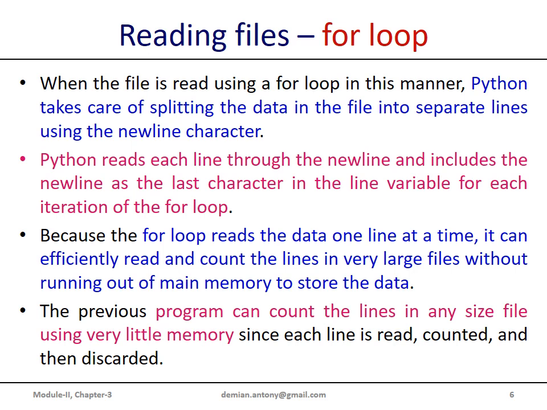When to use this method? Method 1, using a for loop to read file contents line by line. For example, we have a main memory which is of only 1 MB. That 1 MB is shared and used for the operating system and other processes, as well as our program. That means for the file handle buffer, let us say the text file to be read is 2 MB, so we don't have space.